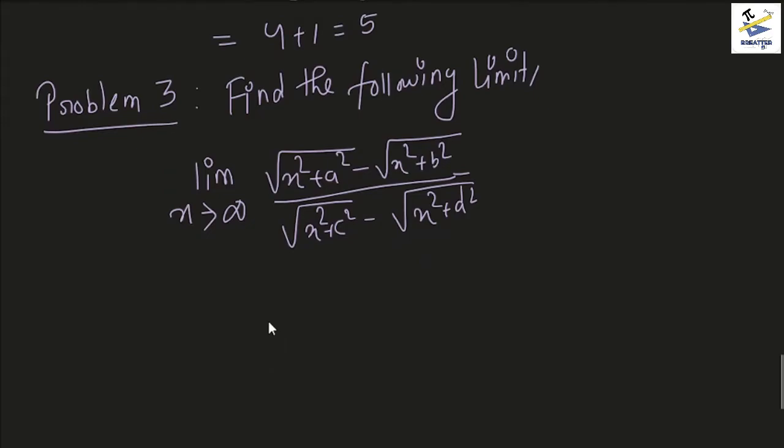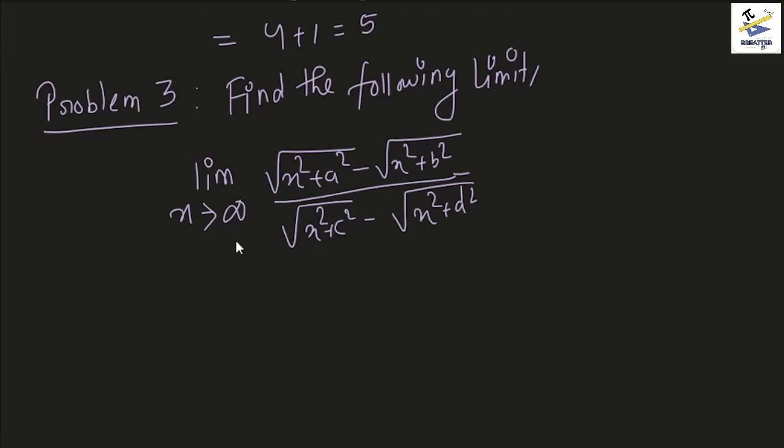Okay, so this is the problem that we need to find. The limit as x tends to infinity, and in the numerator we have root over (x square plus a square) minus root over (x square plus b square), whole divided by root over (x square plus c square) minus root over (x square plus d square).